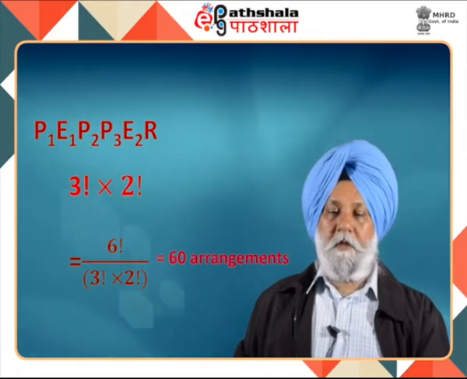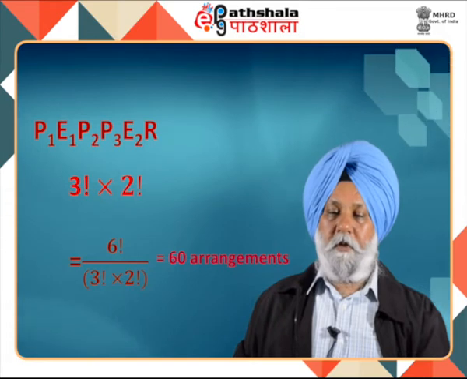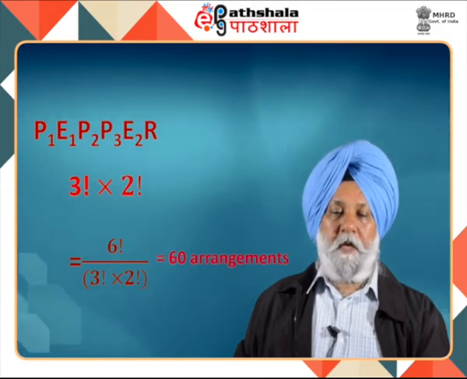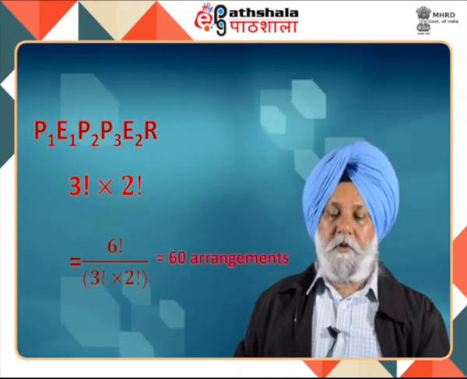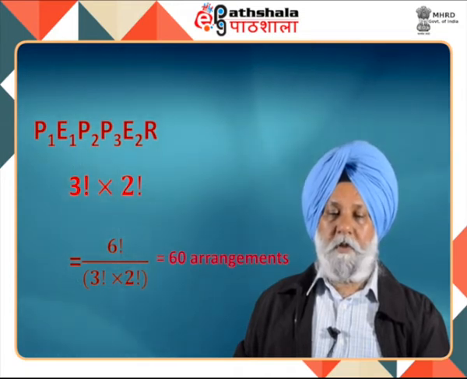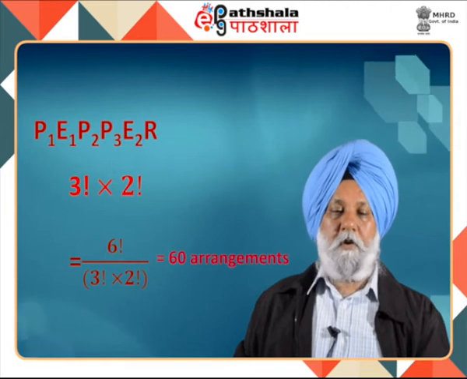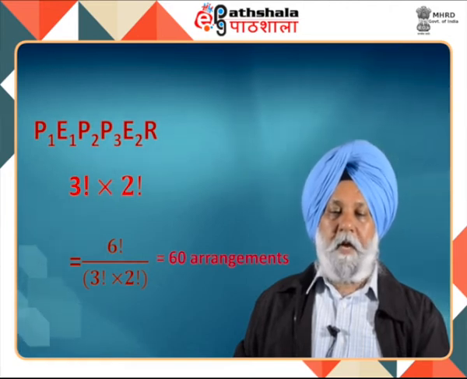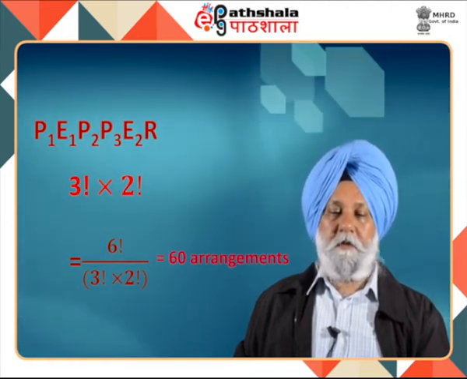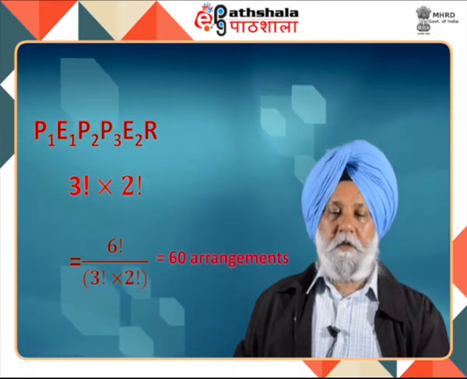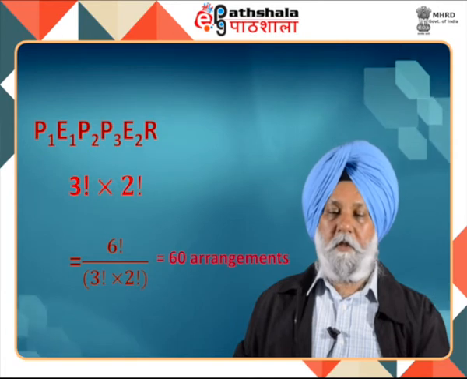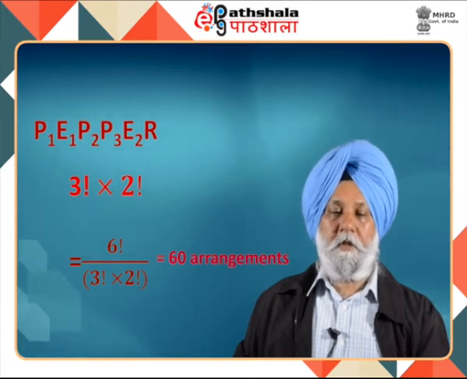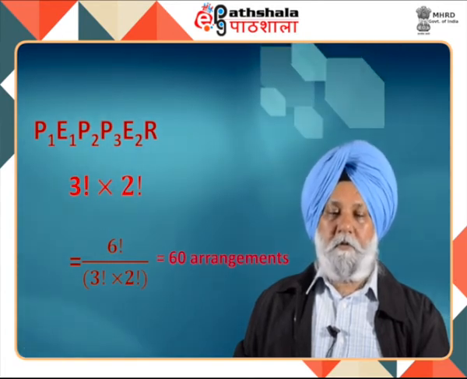These three P's can permute in 3 factorial ways and the E's can permute in 2 factorial ways. That is, all 3 factorial times 2 factorial permutations are of the form pepper. Hence, there are 6 factorial divided by 3 factorial multiplied by 2 factorial, which is equal to 60 arrangements of the word pepper.